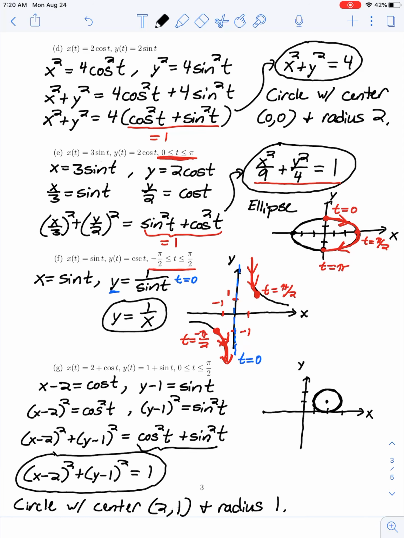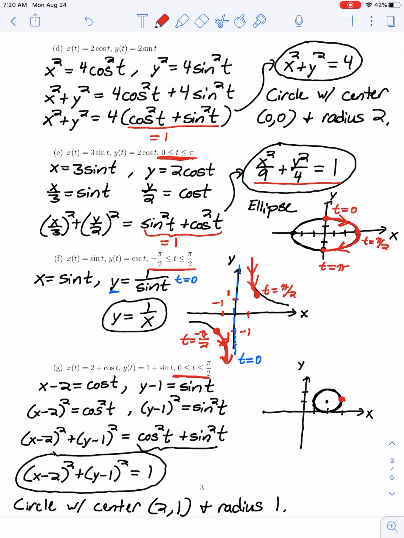But again, we notice in this example, part G, we have some restriction on the values of our parameter, t. Namely, t can only range from 0 to pi over 2. So we may not have this entire circle, but let's think about what portion of the circle this represents. So when t is equal to 0, we would have an x value of 3 and a y value of 1.